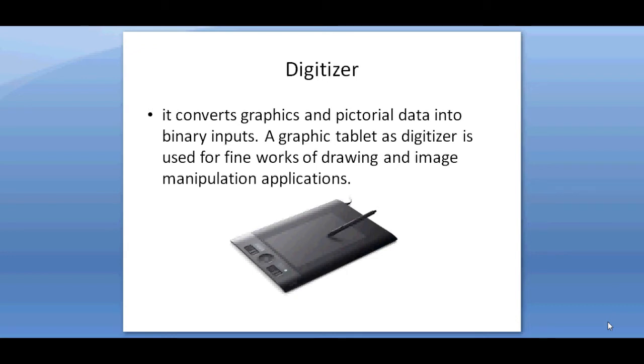They can be used by the computer to create a picture of whatever the camera had been pointed at. Digitizer is also known as tablet or graphics tablet, as it converts graphics and picture into binary inputs. A graphic tablet as digitizer is used for fine works of drawing and image manipulation applications.